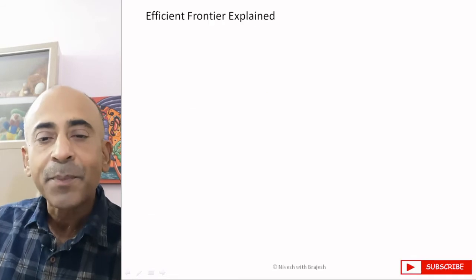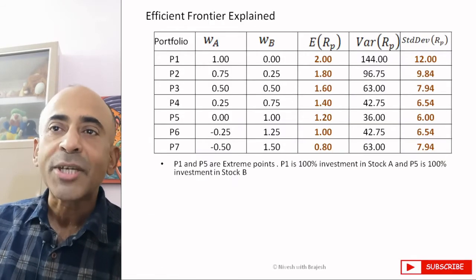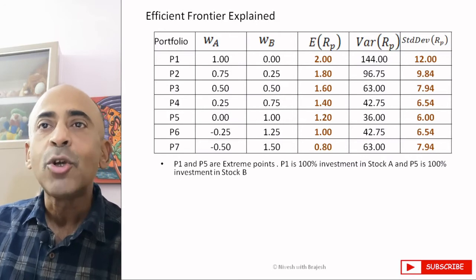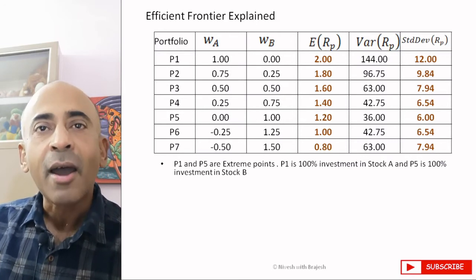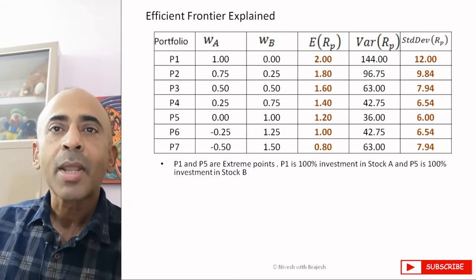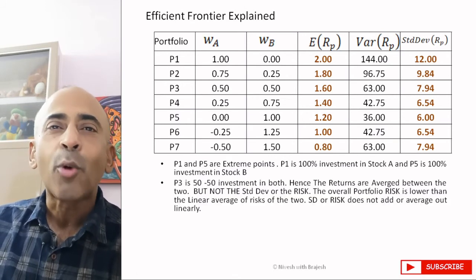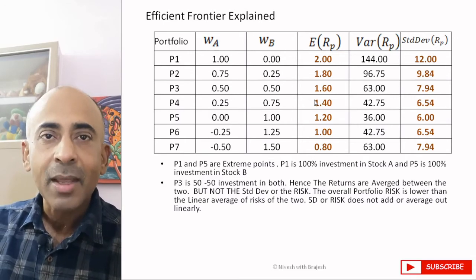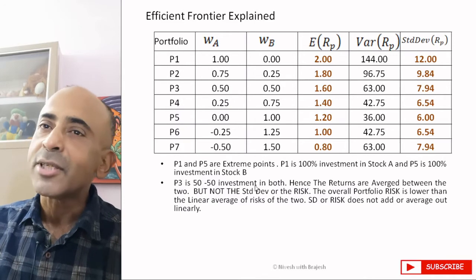Now look at the table. P1 and P5 are extreme points. P1 is 100% investment in stock A and 0 in B, and P5 is 100% investment in stock B and 0 in A. Now in these cases, we simply reach the points of returns and risks of A and B respectively. Now P3 is a 50-50 investment in both.